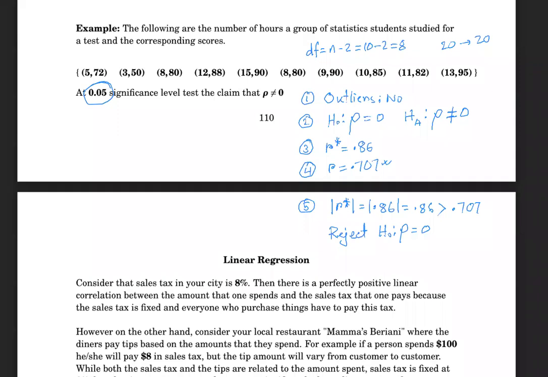You look it up there, you have 3 columns. One is degrees of freedom, one is alpha is equal to 0.05, and the other one is alpha is equal to 0.01. Now, if you go down the degrees of freedom, there will be a row labeled 8, which is the degrees of freedom 8.